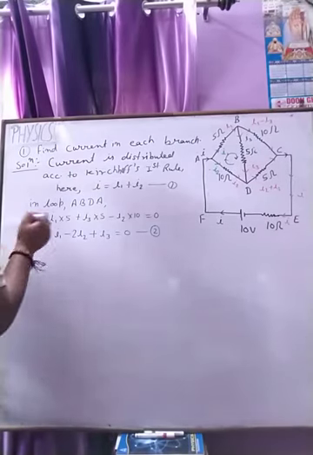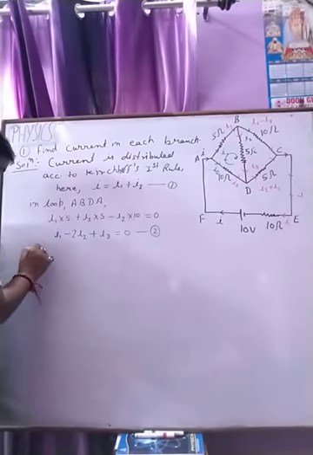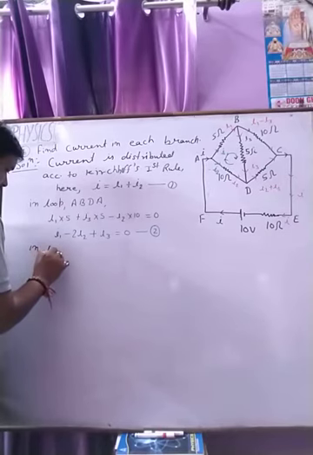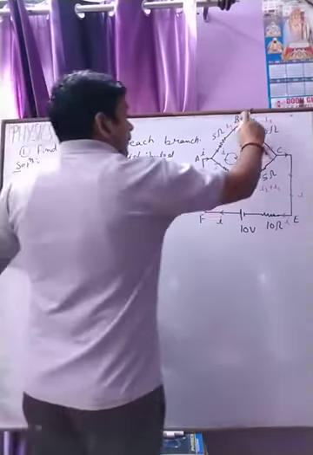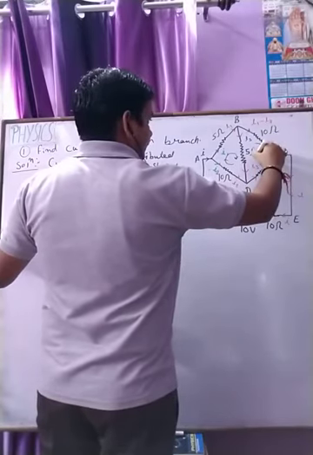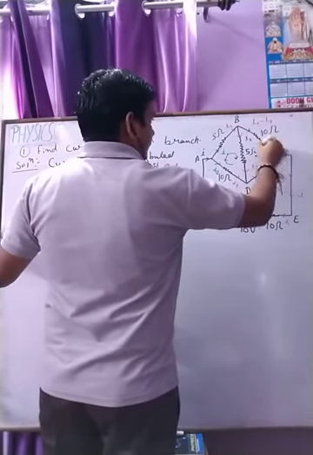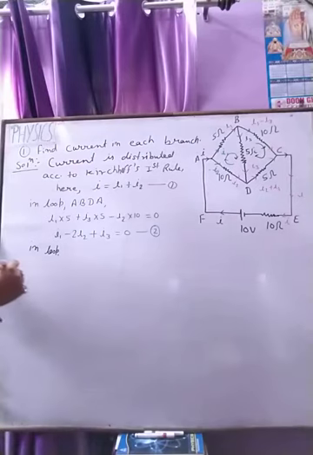Now in loop BCDB, again we are moving in the direction of current.